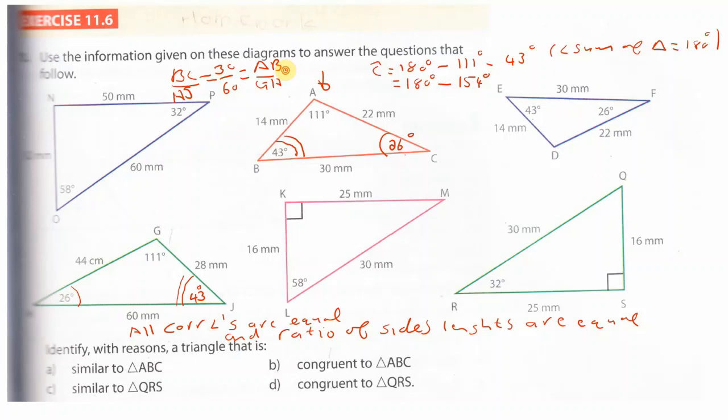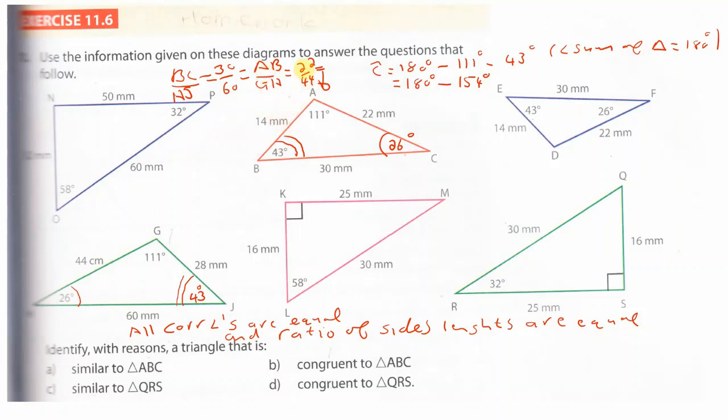which is 22 over 44, which is again the same as AB, well, not, I said AB over GH, which is not correct.